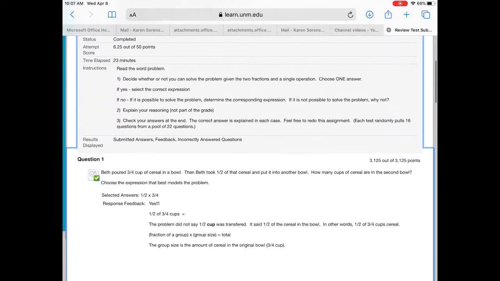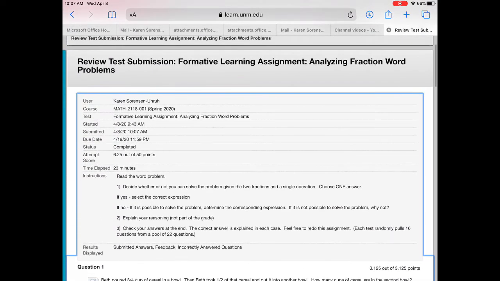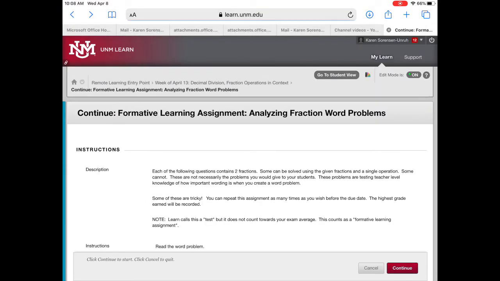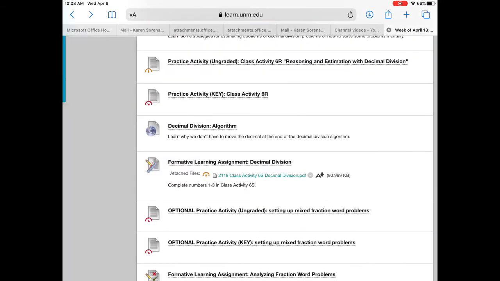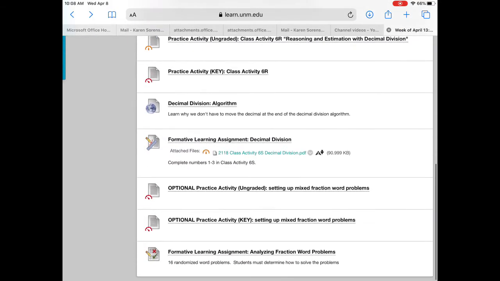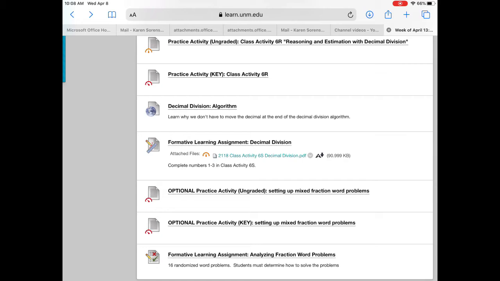So back in UNM Learn here, there are these at the bottom, optional practice activities that are some examples of how I would think through this and the kinds of ways I would suggest you thinking through this, even if you're not turning in and getting graded on that written work.